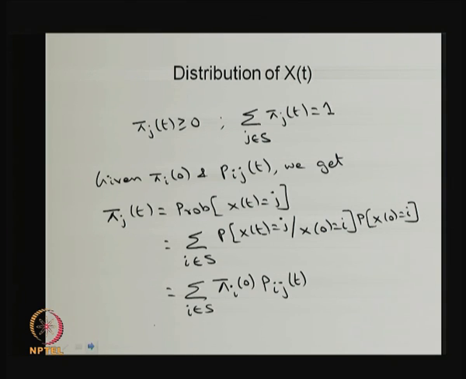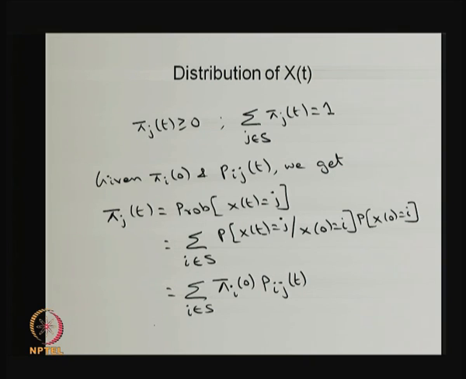I know that the probability that X of 0 is equal to i is pi i of 0, and since the Markov chain is time homogeneous, the transition probability from 0 to t depends only on t, with i being the state in which the system was at time 0. So if I multiply pi i of 0 by Pij of t for all possible values of i, I will get the probability that the system will be in the state j at time t.